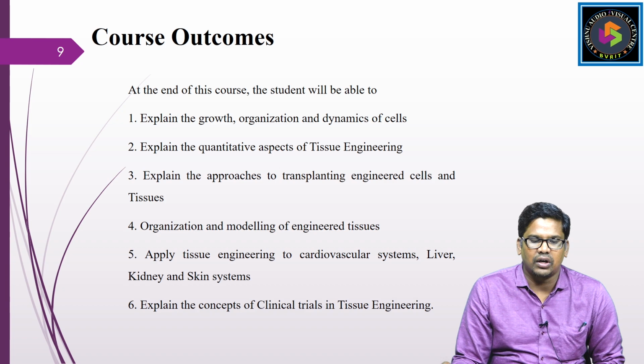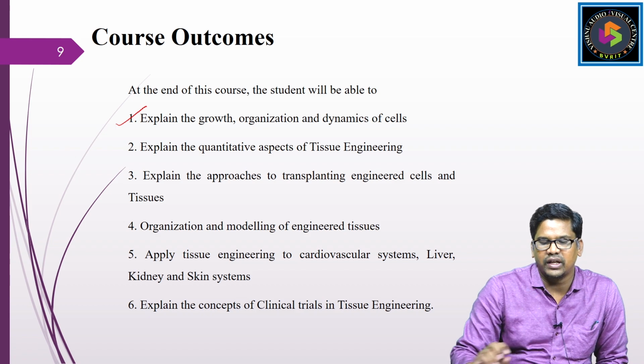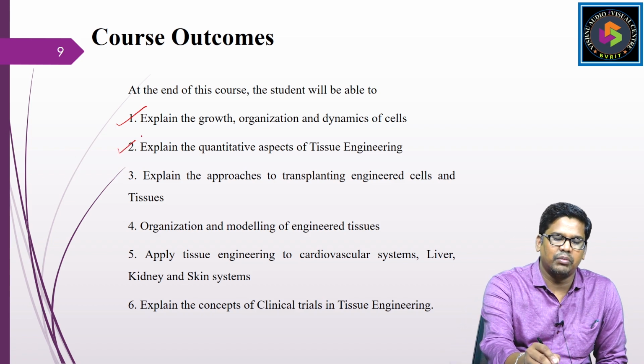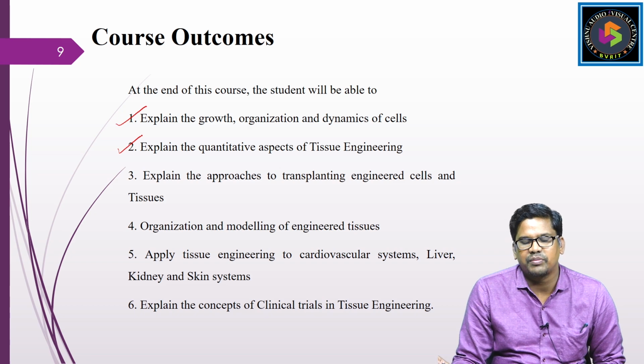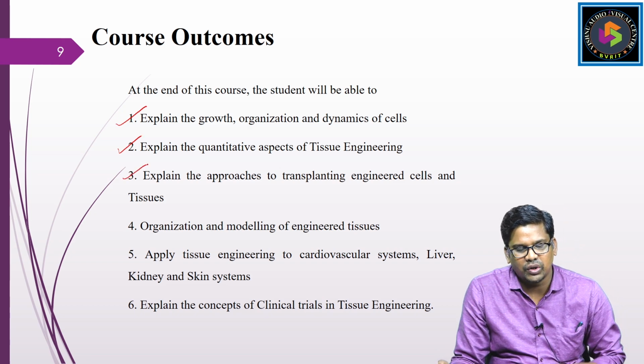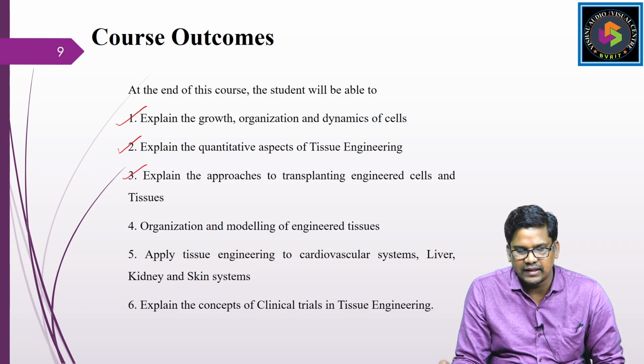Now the course outcomes. After completing this course, the student will be able to explain the growth and organization of the dynamics of the cell, and explain the quantitative aspects of tissue engineering, and then explain the approaches to transplanting engineered cells and tissues.